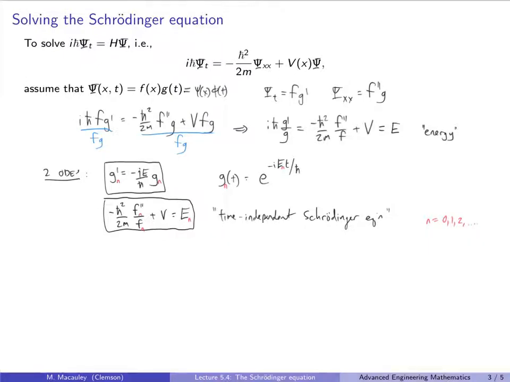What's hard about this equation is V might be a really nasty function. It's hard to solve this ODE in general for realistic physical situations. Some of the simple or toy models that we'll do, this thing breaks down. Like if V is equal to 0, this is basically just what we saw with the heat equation. Again, we just have an i here instead of a real valued constant.